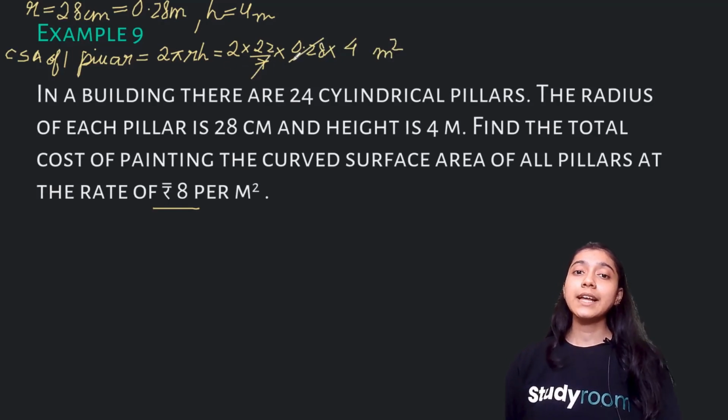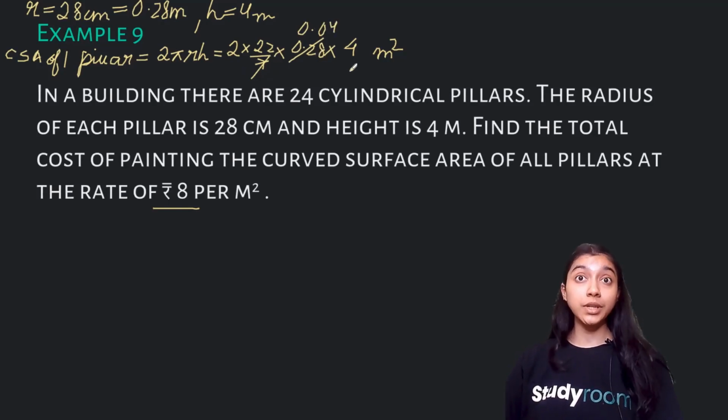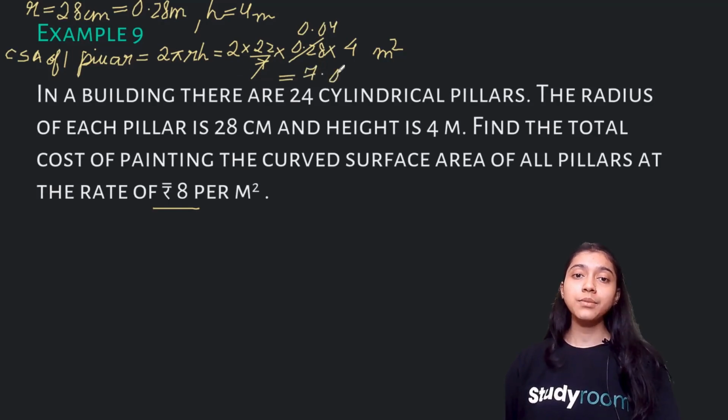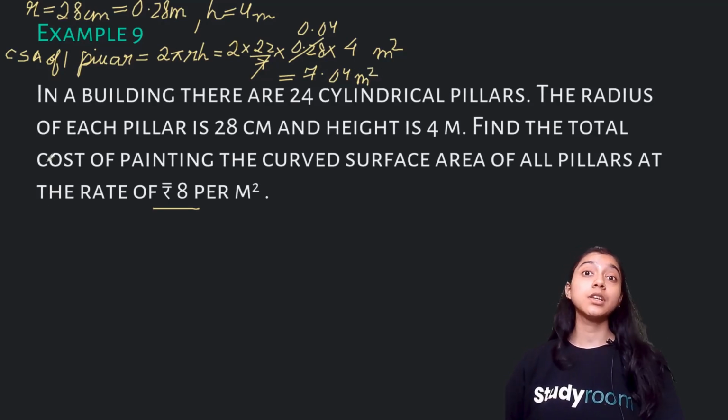So the 7 will get cancelled with 0.28 and give us 0.04. We'll multiply 2 with 22 with 0.04 and 4, and thus we'll be getting 7.04 meters square as the curved surface area of one pillar. Now we have to calculate the curved surface area of 24 pillars.